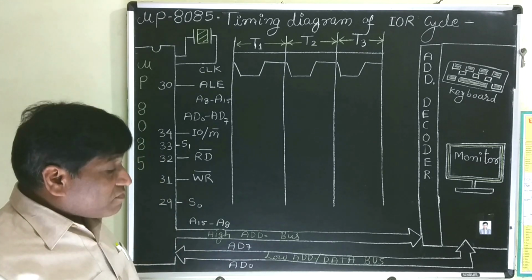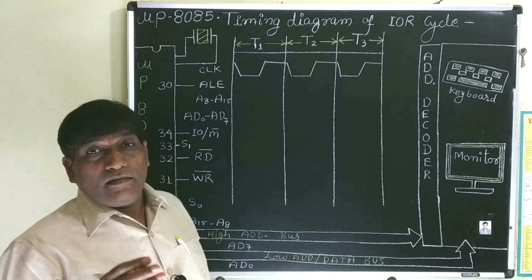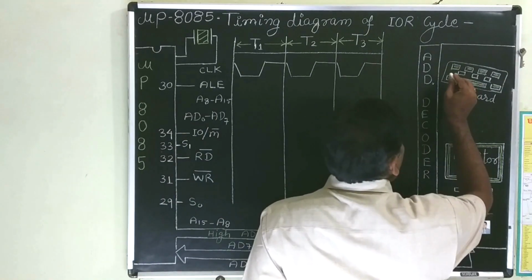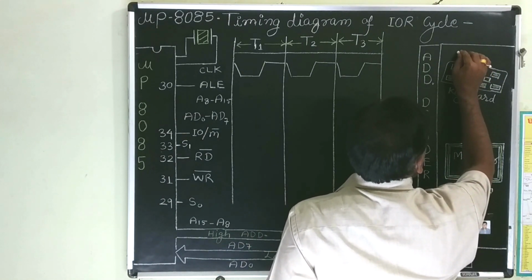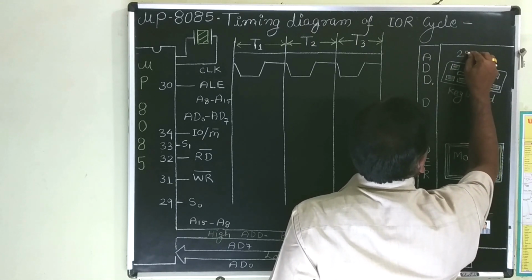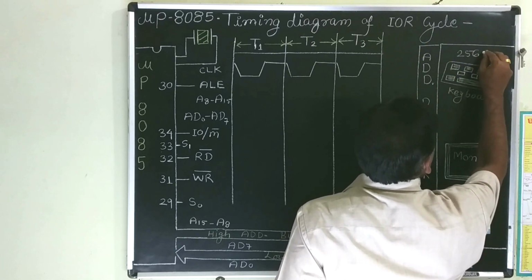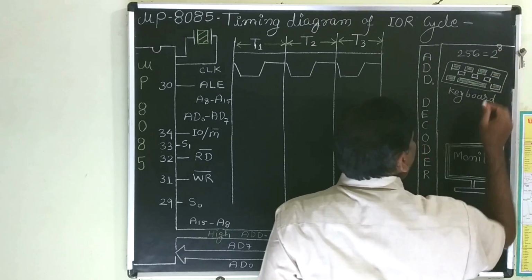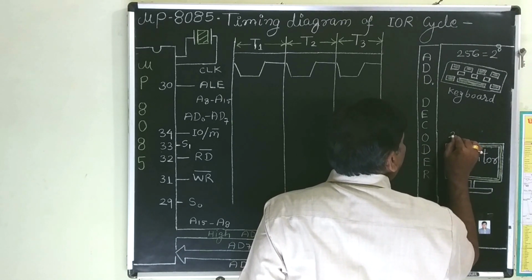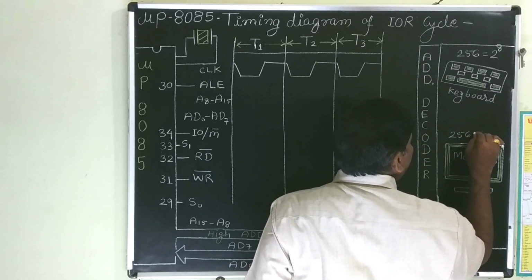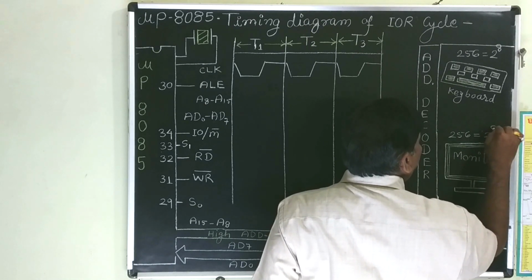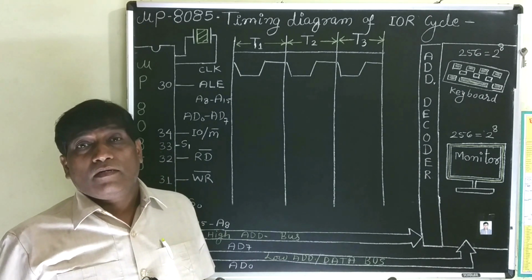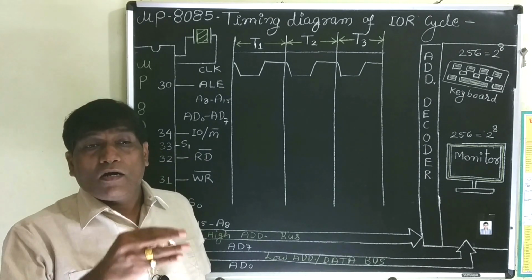In the 8085 microprocessor, 256 input devices are supported, which means 2 to the power 8, and similarly 256, again 2 to the power 8, output devices are supported.